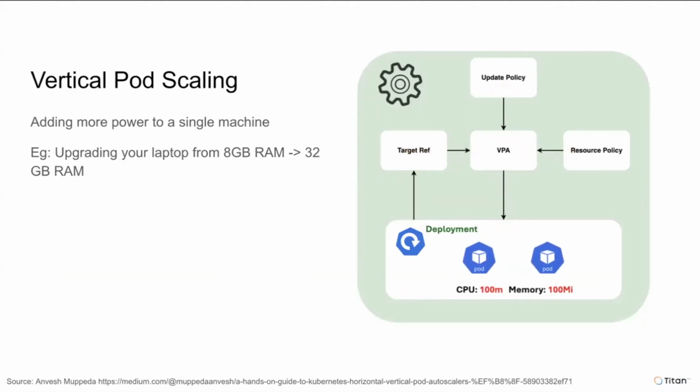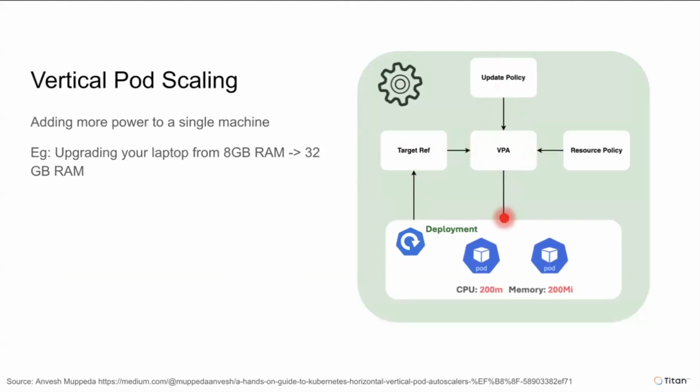But you can see this lovely graphic, which I took from Anvesh Mupeta's Medium blog, which is actually a very good blog as well. A way that you can think of vertical pod scaling is, if I was to explain it to my mother, it would kind of be like if I'm a restaurant and I'm getting more orders and I give my chef a bigger stove.